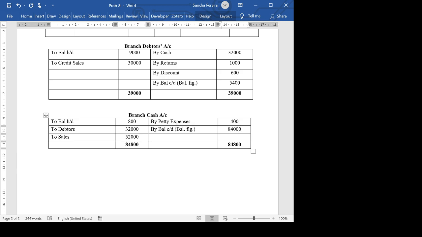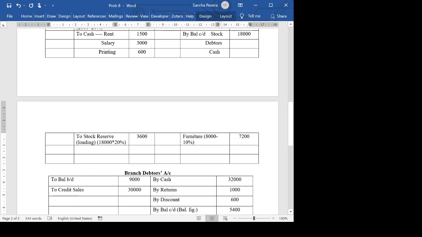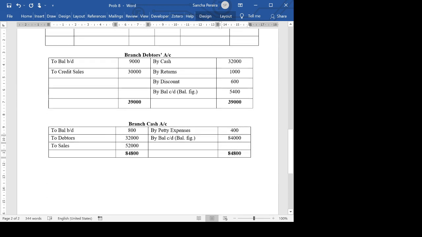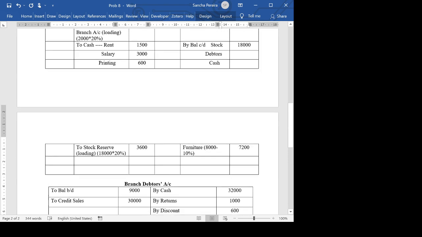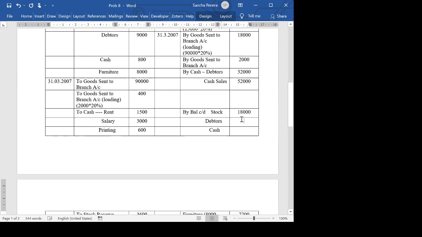Okay, so now we go and transfer these figures here. So the debtors is, sorry, 84,400. Debtors is 5,400 and cash is 84,400. Okay. I think that's it. We are done with this.